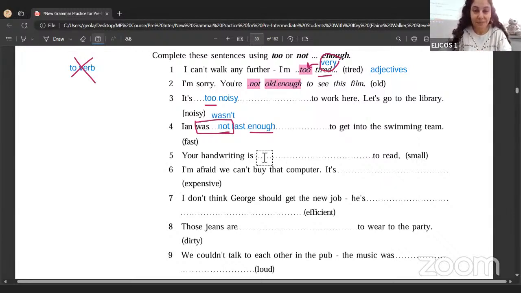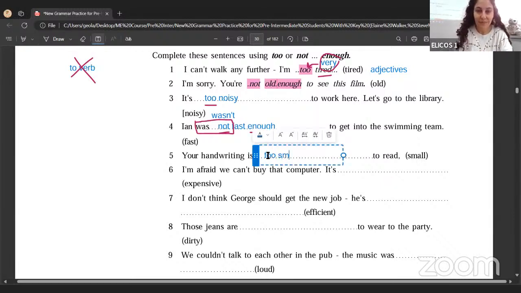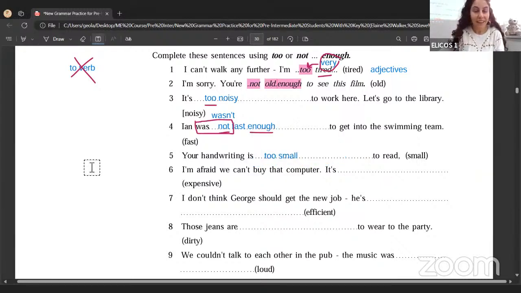Number 5. Your handwriting is too small to read. Yeah, your handwriting is very small to read. This is a good example because you could see too and an adjective, and then here you can see to and a verb.